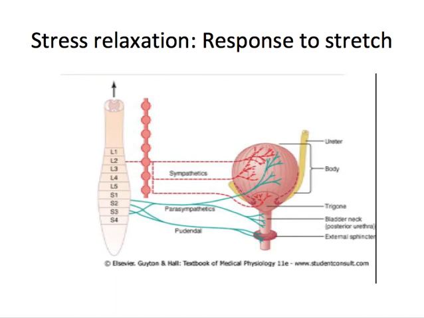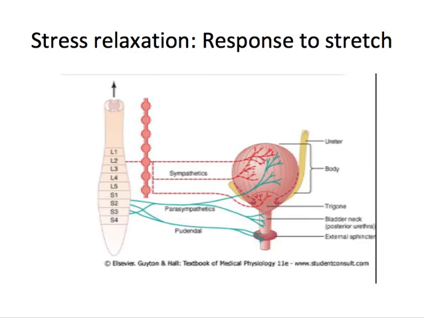Stress relaxation is another unique phenomenon which is seen in smooth muscle. So, when the smooth muscle is stretched, initially there is an increase in tension, much like a rubber band.